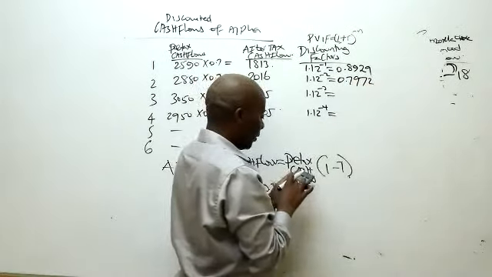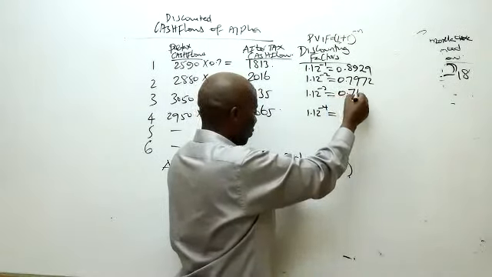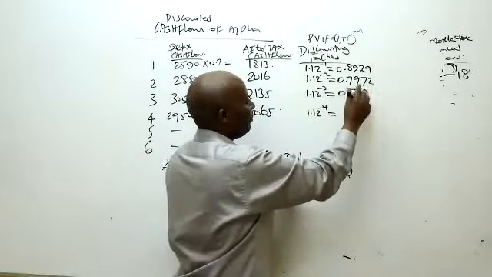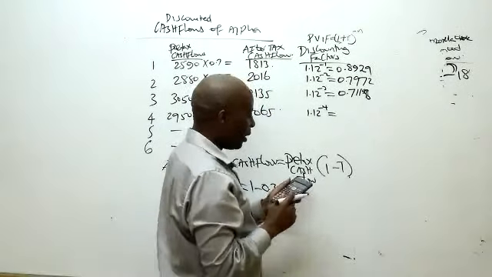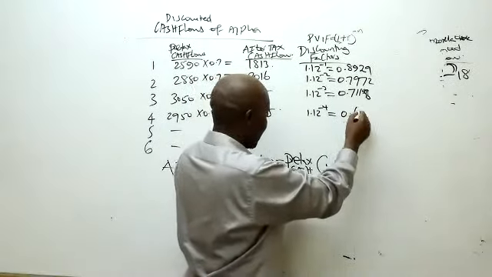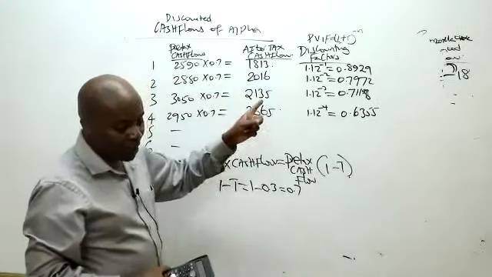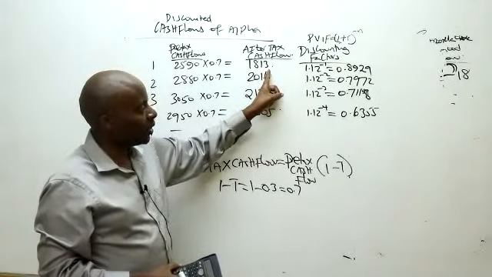Raised to 3 gives me 0.7119. And then raised to power 4, we have 0.6355.